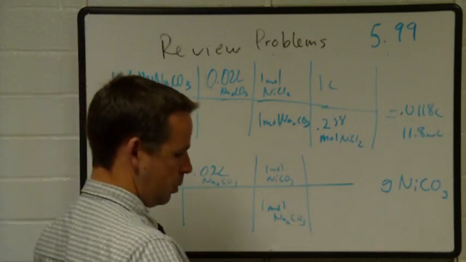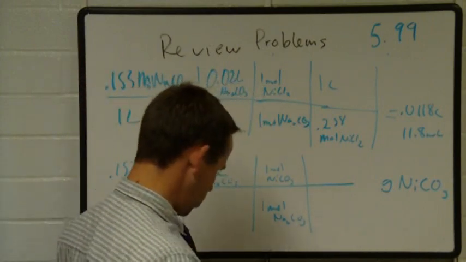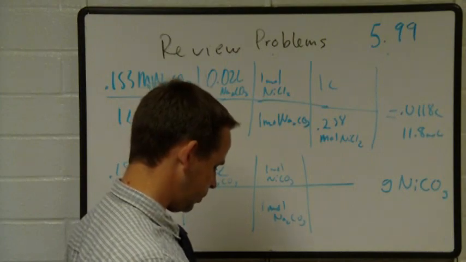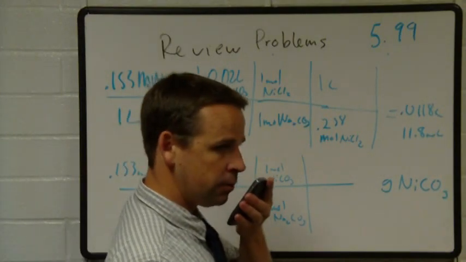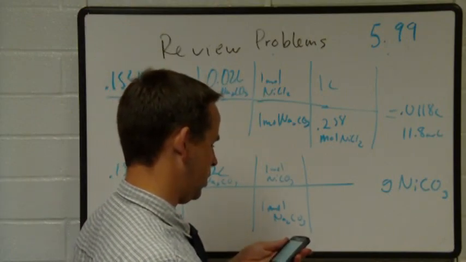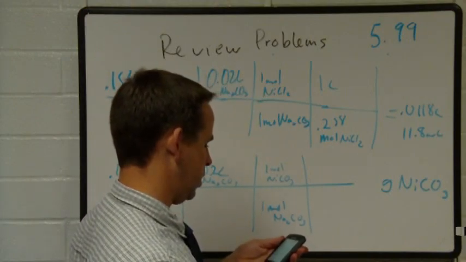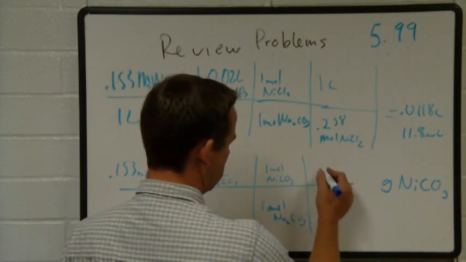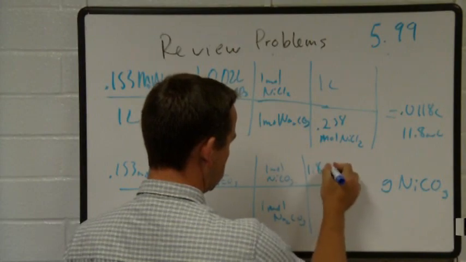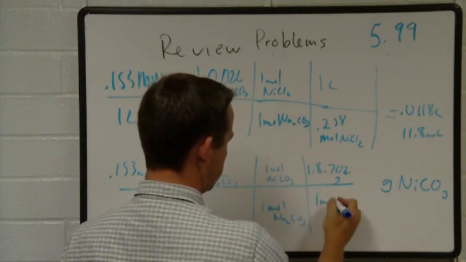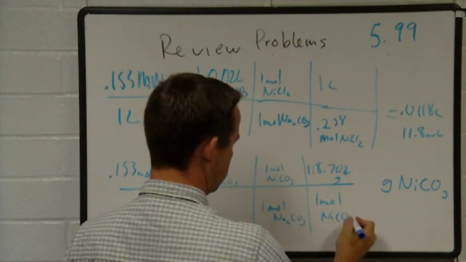All right, and then we just have to identify the molar mass of nickel carbonate: 118.702 grams of nickel carbonate for every 1 mole of nickel carbonate.